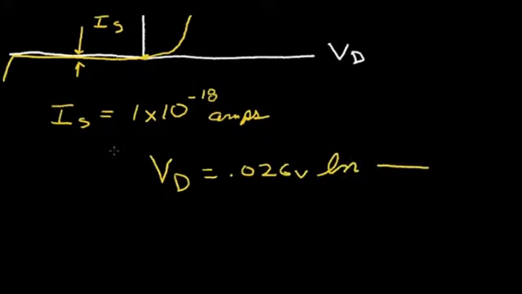Let's solve this for a current of 1 milliamp. So our diode current in this case will be 10 to the minus 3 amps, which will be a milliamp. And let's assume the same saturation current of this small diode, which will be 10 to the minus 18th amps.